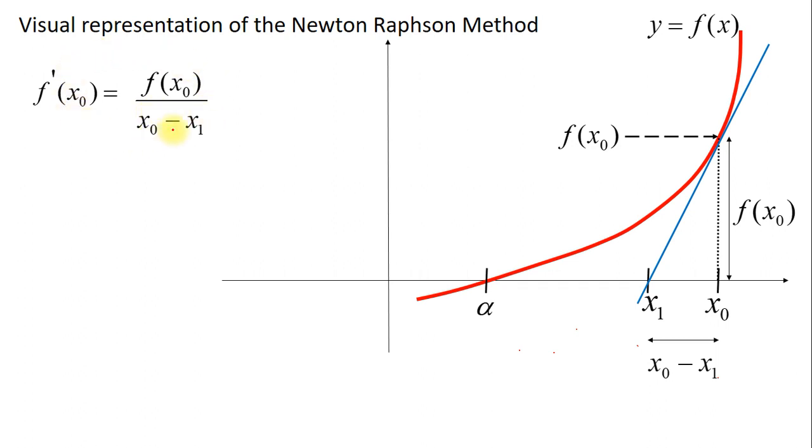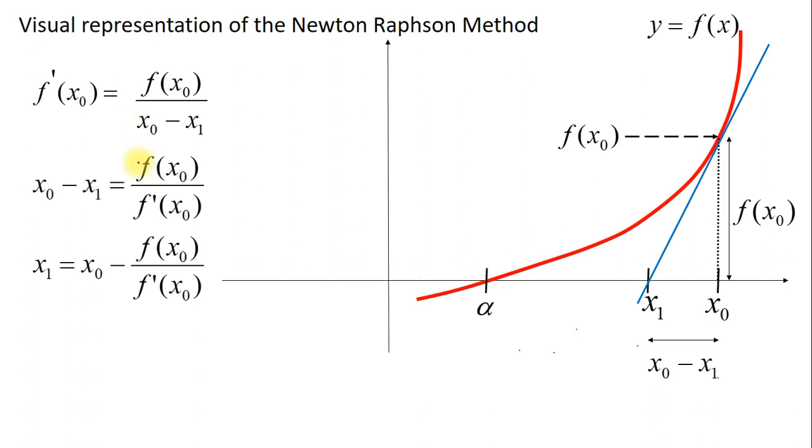So if I rearrange this, I will get this by moving this over here and this one over here, and then I rearrange the subject to become x1. Now this is the Newton Raphson formula. x1 equal x naught minus f(x naught) over f prime(x naught).